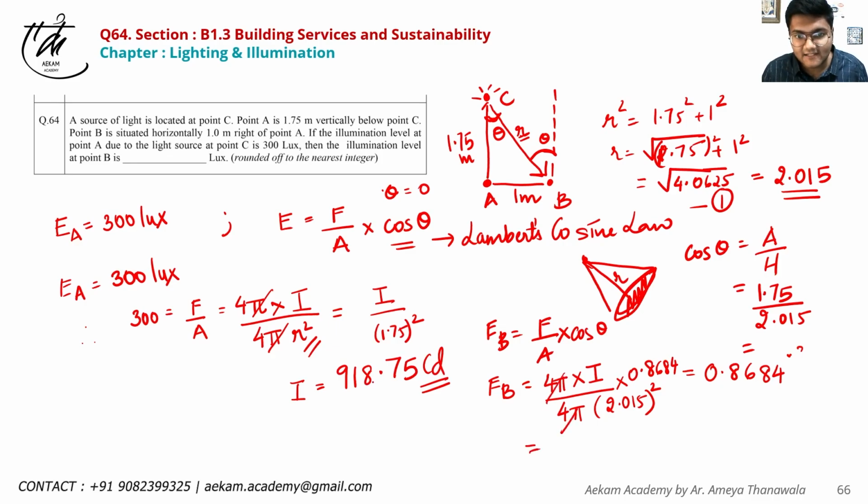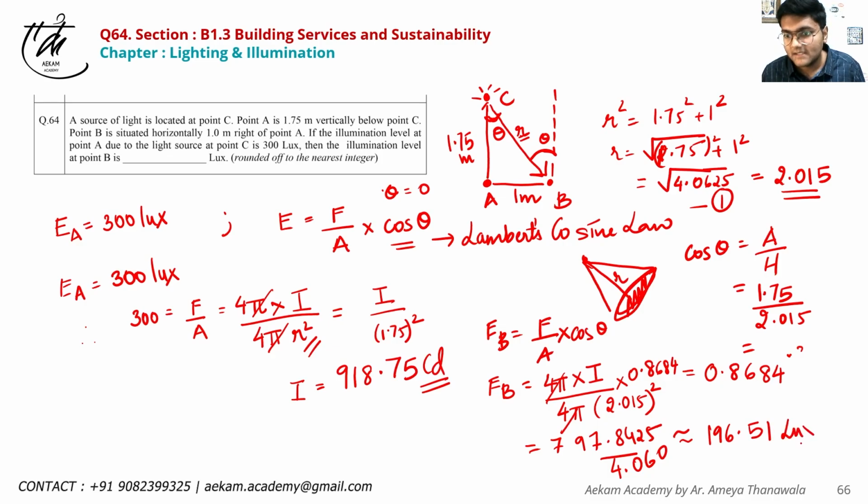I we know is 918.75. Let me just calculate it. This value is coming out approximately to be 196.51 lux. Since they have asked us to round off to the nearest integer, let's just round it off to 197 lux.